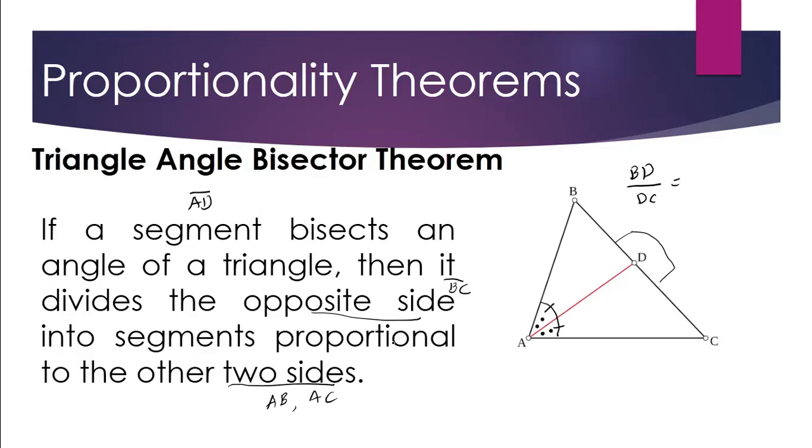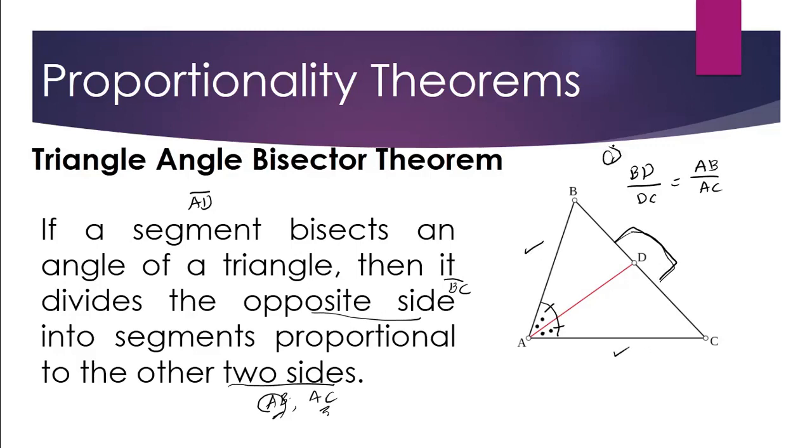So, it is equal to the ratio of the other two sides. Since we have here BD, ang unang gagamitin natin is the other side that is adjacent to BD. And we have AB and AC. Ito lang namang dalawang to. Which side is adjacent to BD? Of course, that is AB. So, we have here AB over AC. So, yung ratio ng pagkakahati sa BC ay equal sa ratio ng dalawang sides.